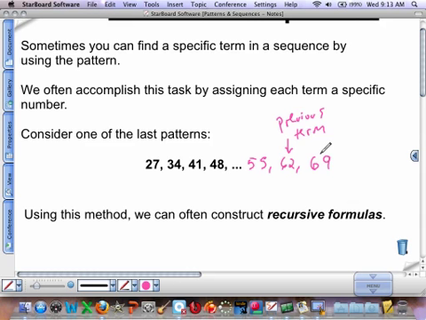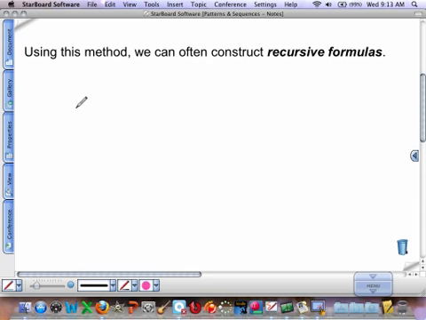Our notation is really important, so we need to master this concept and learn how to read this stuff. So let's throw that in there. a sub n basically means the nth term. If I'm looking for a sub 5, what am I actually asking for?